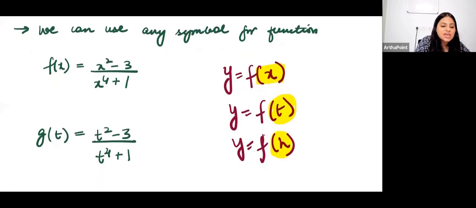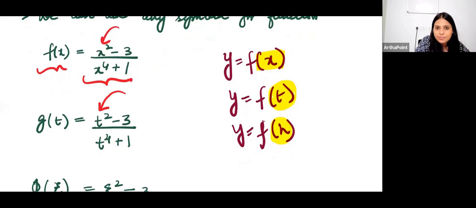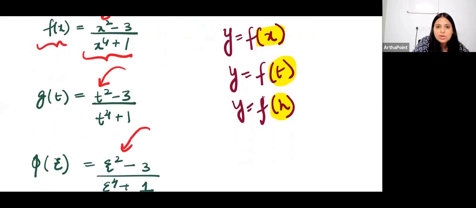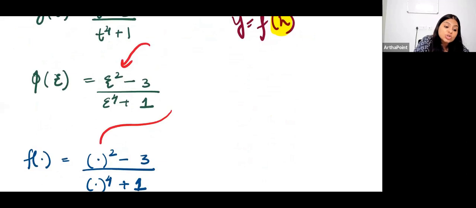So, if I'm writing the function like this, instead of x, I can replace it with t. I can replace it with any symbol, and I can replace it with just dots also, where dots represent that you can replace it with any number and any variable possible. There is no convention that only x will be used to represent the independent variable. You can use any alphabet to represent the independent variable.